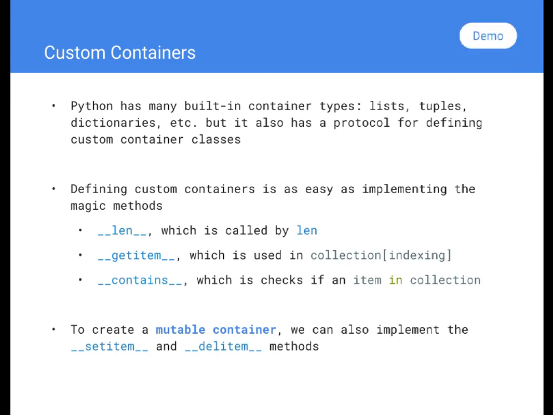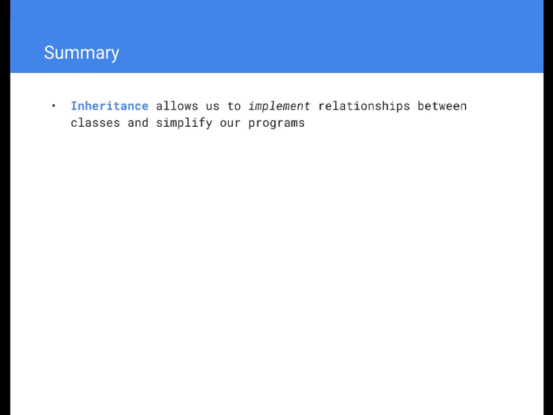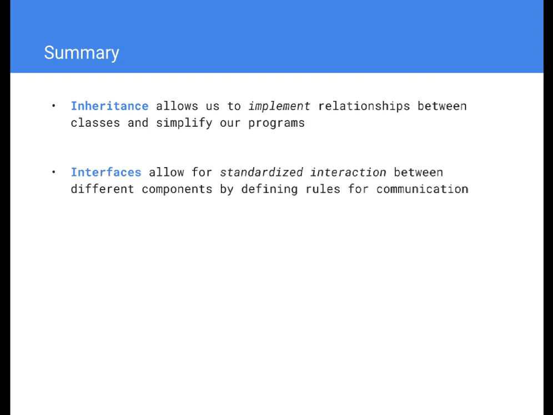So inheritance, as we remember from earlier in the lecture, allows us to implement relationships between classes and simplify our programs. It lets us avoid repeating ourselves because we can just say, call from my base class the attack method, Pokemon.attack. Interfaces allowed for standardized interactions between different components by defining the rules for communication.